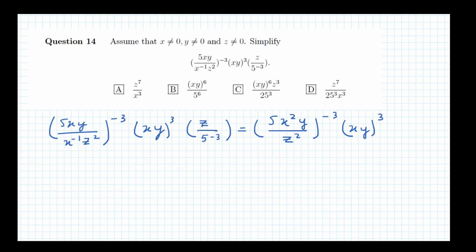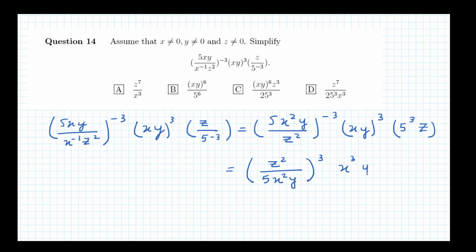We will do the same thing for the third parenthesis. Since we have z divided by 5 to the power of negative 3, we can see it as 5 to the power of 3 times z. In the second step, the power negative 3 will be used to flip the fraction 5x squared y divided by z squared, and we can write it as z squared divided by 5x squared y, to the power of 3.